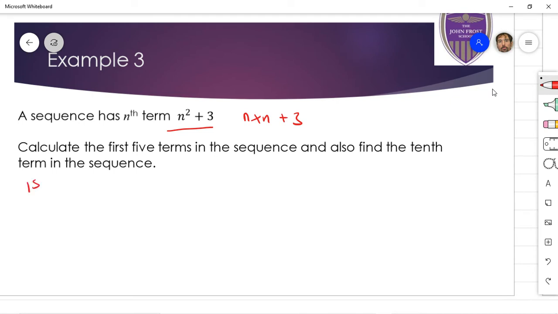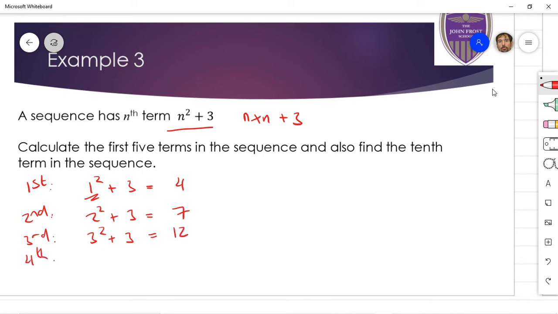All right, so the first number, I'm doing 1 squared plus 3. BIDMAS, square first. 1 squared is 1, add 3 equals 4. The second term, 2 squared add 3, gives you 7. The third term, 3 squared is 9, add 3 is giving you 12. The fourth one, 4 squared add 3 equals 19.